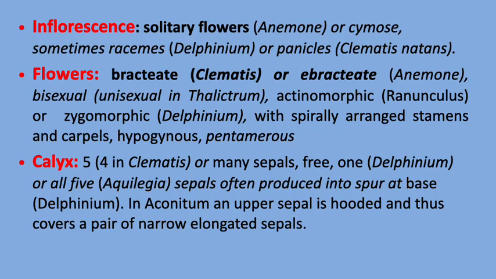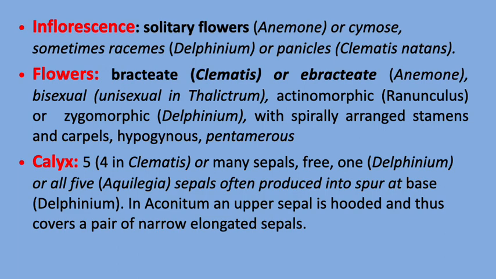Now we will study floral characters. First, the inflorescence. In this family, we see solitary flowers as in Anemone or cymose inflorescence, sometimes racemes in case of Delphinium, or the flowers are arranged in panicles as seen in Clematis natans.